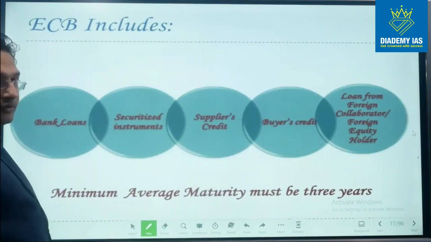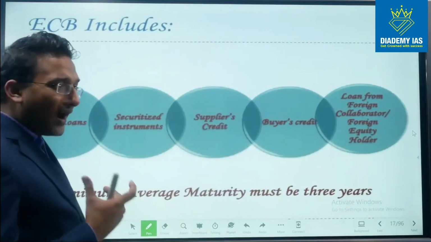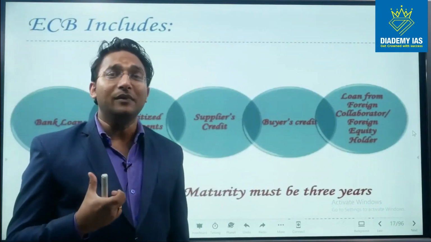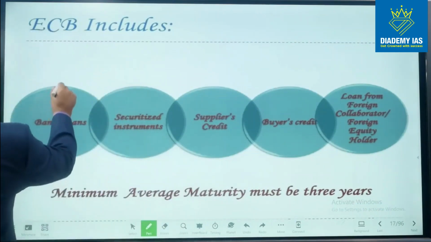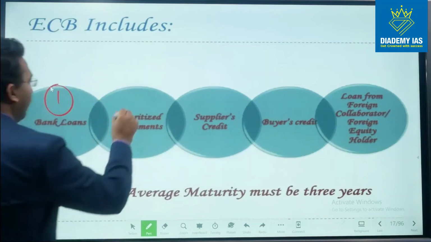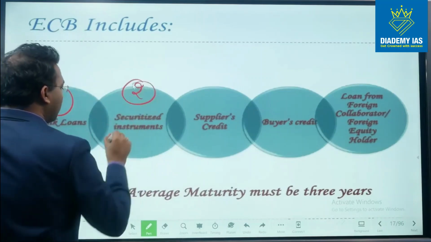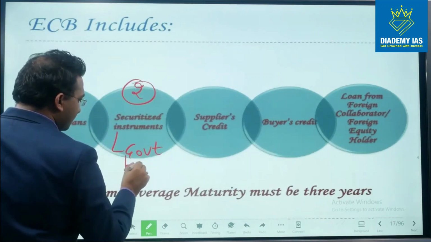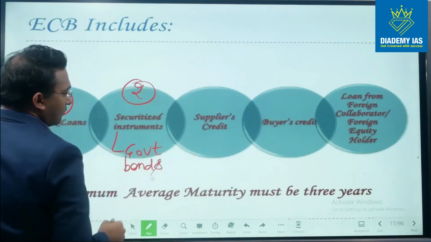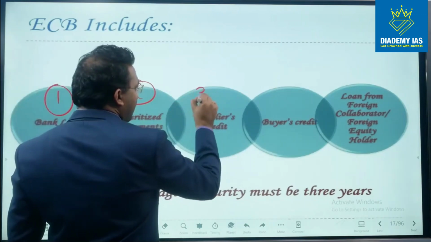ECB includes, so what are the forms in which ECB can be raised? This ECB can be raised in the form of a bank loan, in the form of securitized instruments, for example government bonds, or in the form of supplier's credit.